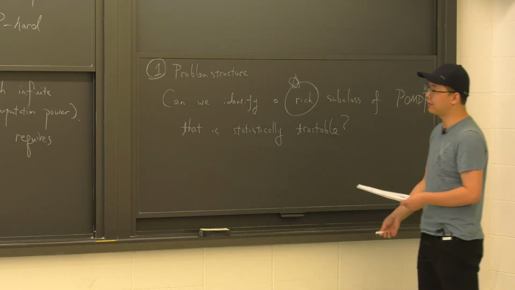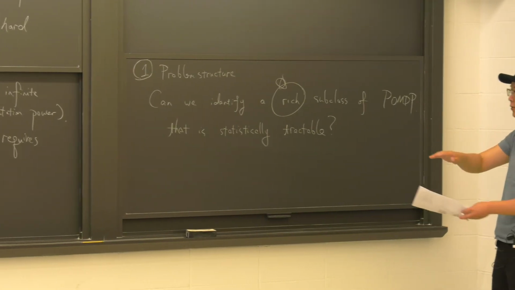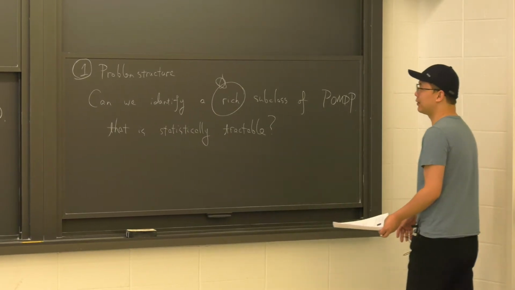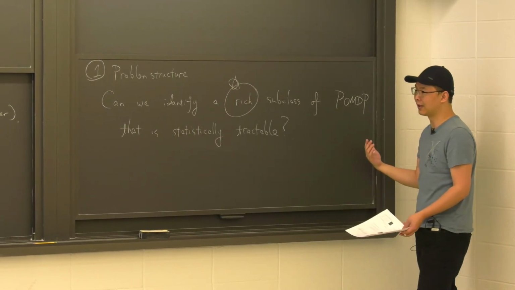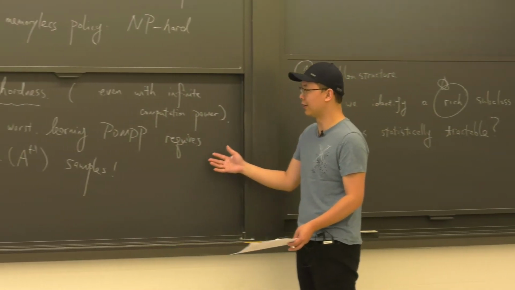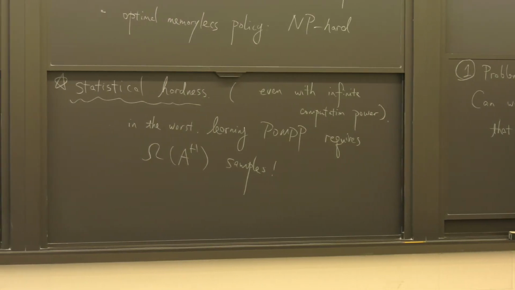The idea is very simple. Because we already have the mathematical result saying that in the worst case, if we want to learn any arbitrary POMDP, that is not possible, the way to fix it is to say that possibly the hard instances are scenarios which are not very practical, and in practice we should not hope those kinds of problems are solvable.